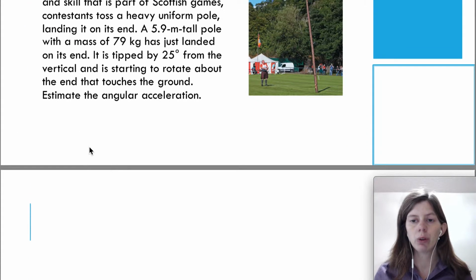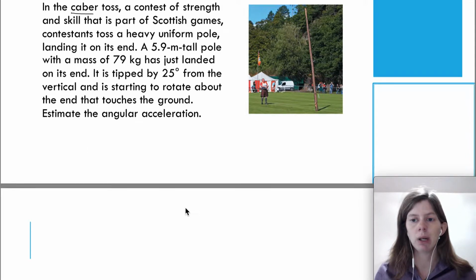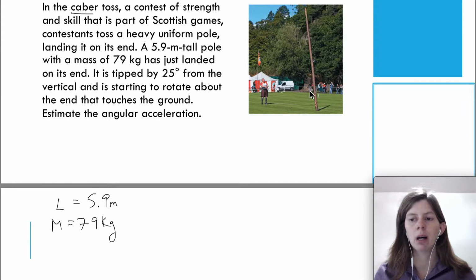Let me go ahead and write down what we are given here. The length of the pole is 5.9 meters, and the mass is 79 kilograms. I tend to use capital letters for mass when we're talking about an extended object that we care about the size and shape, versus when we have a little particle, I usually use a lowercase m.